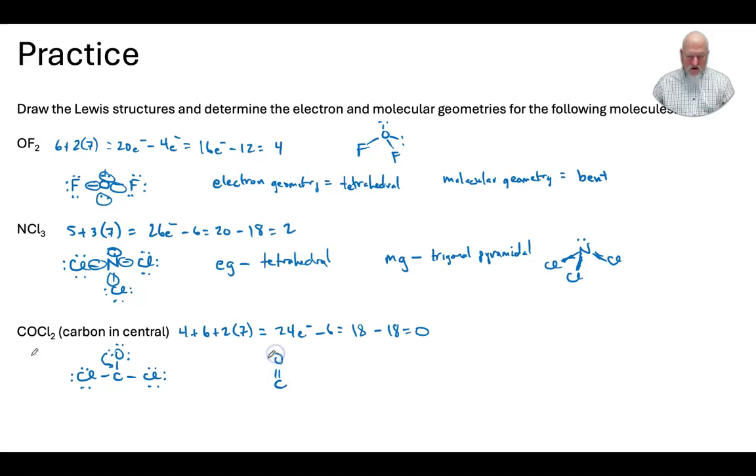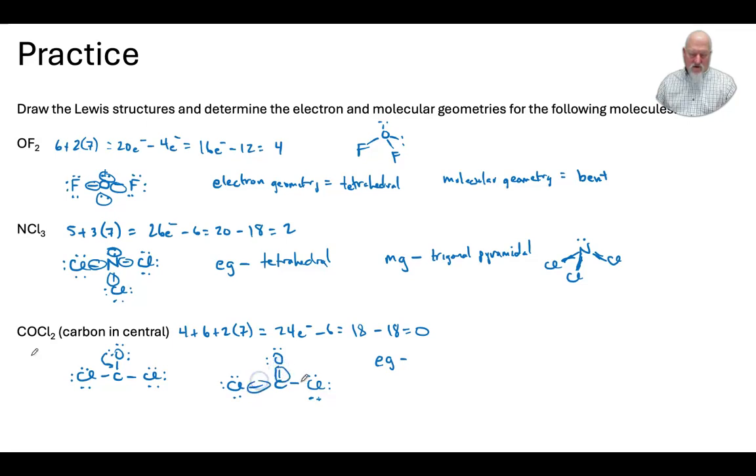The double bonded oxygen and the 2 chlorines with the 3 pairs of non-bonding electrons on them. Like that.